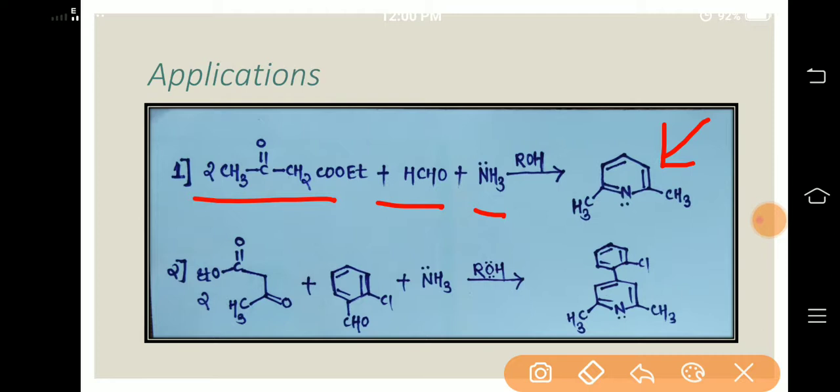Again in the second application we have used 2 equivalents of ethyl acetoacetate along with 2-chlorobenzaldehyde and ammonia, leading to the formation of this substituted pyridine derivative.